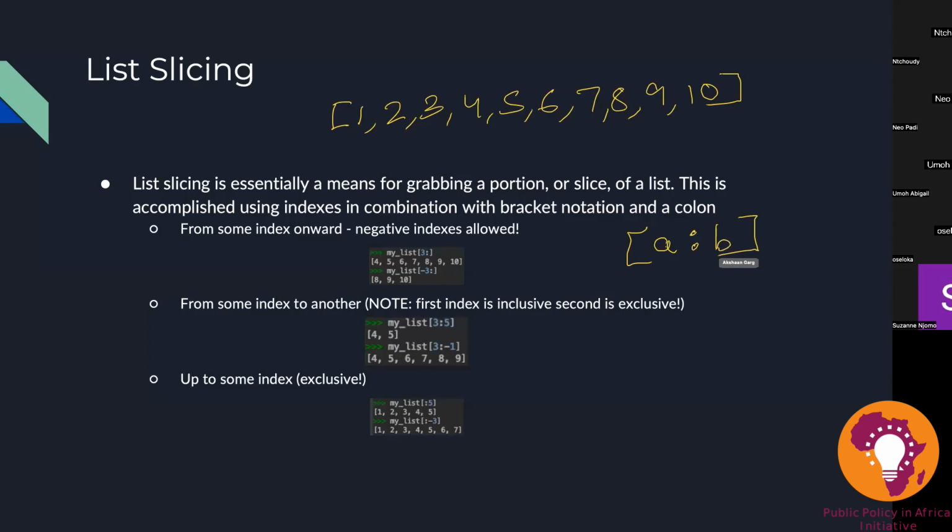The first number is where we're starting from. This is the start index. And the second one is how long we want it to be.